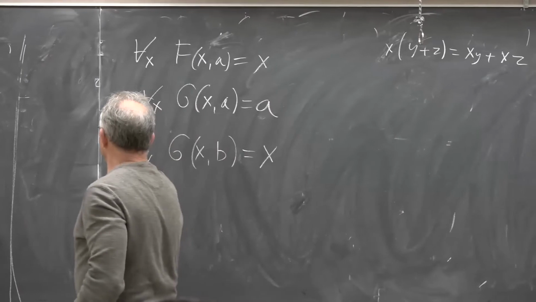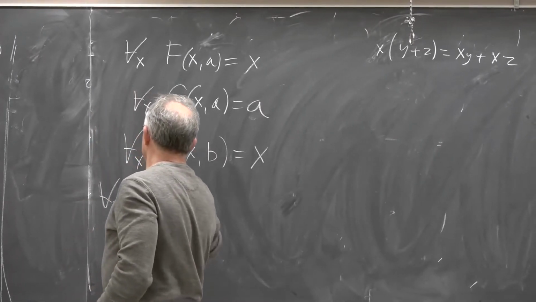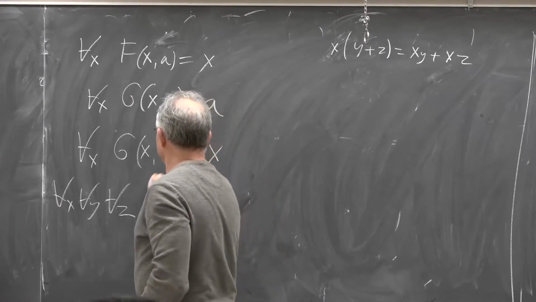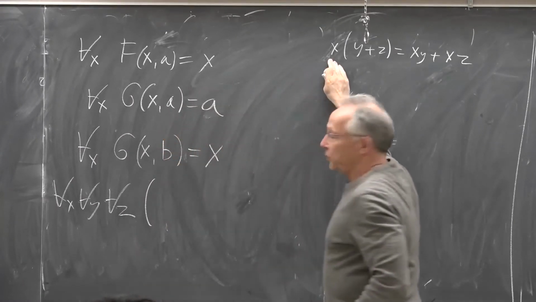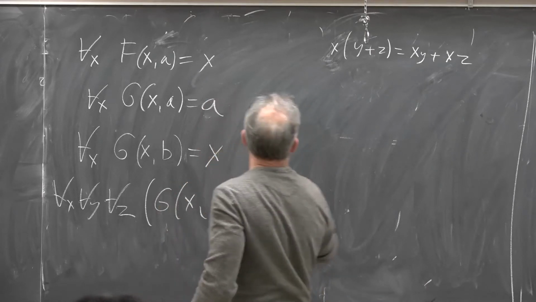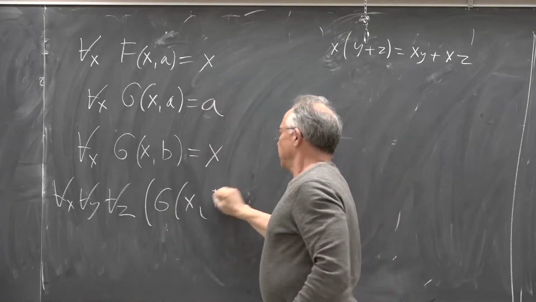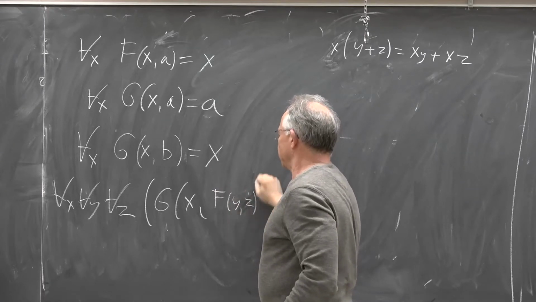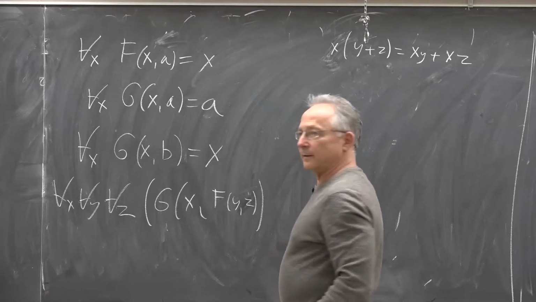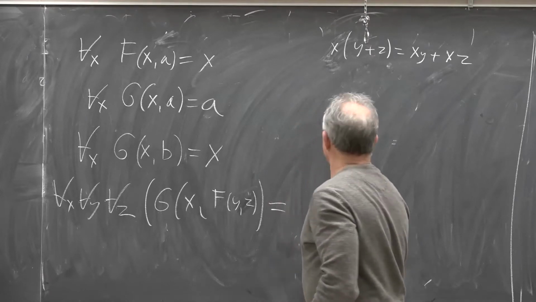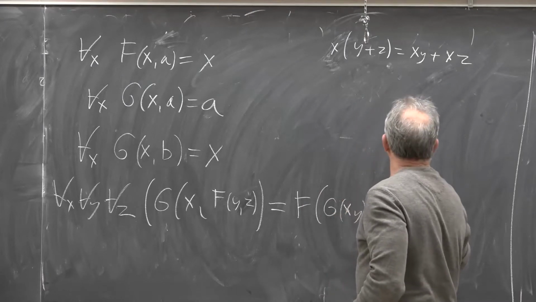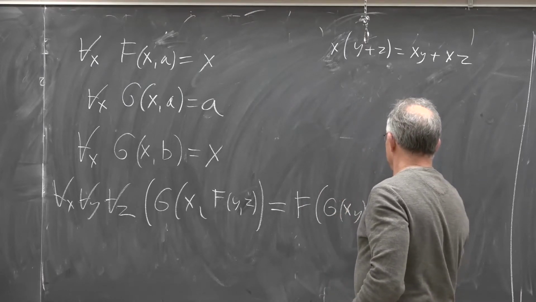And then I want to say, so let's be careful. We want to say g of x and f(y,z) equals f of g(x,y) and g(x,z).